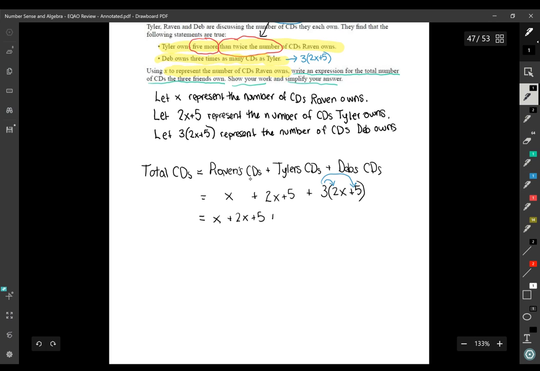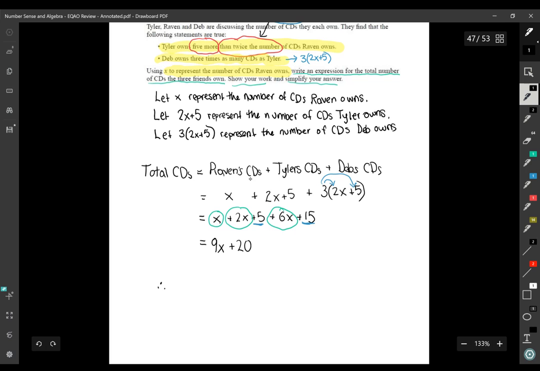So I'm going to get 6X plus 15, right? And now I'm going to combine my like terms. So all of my terms that have an X, right, they can all be combined. So that's going to become 9X. And then all of our constant terms can also be combined. So that's going to give us plus 20, right?